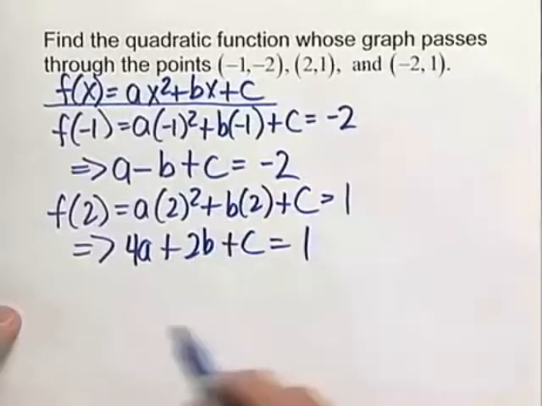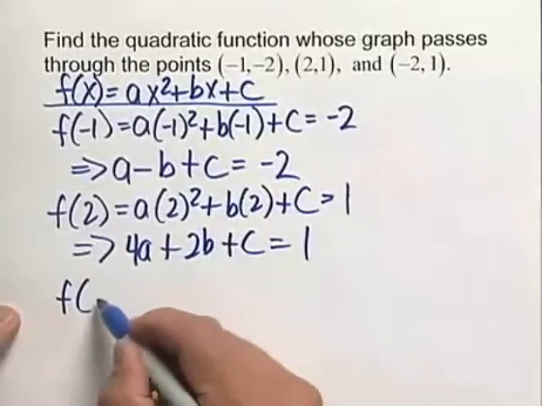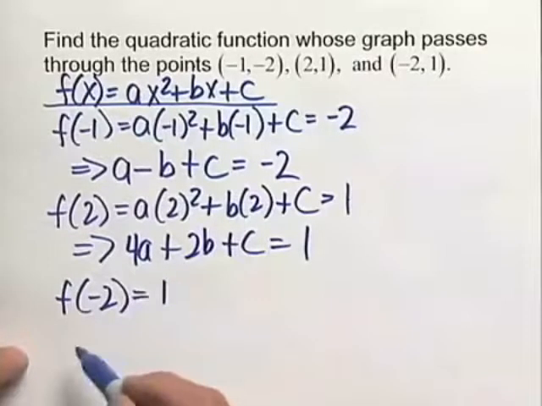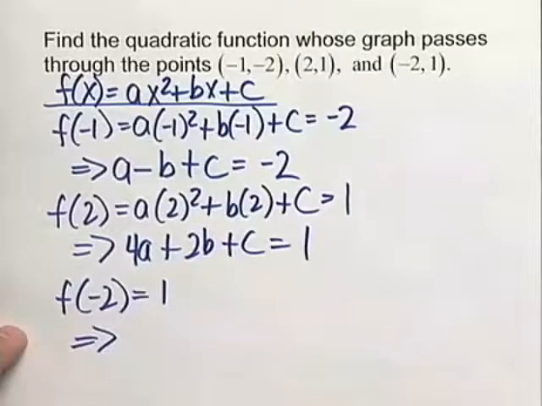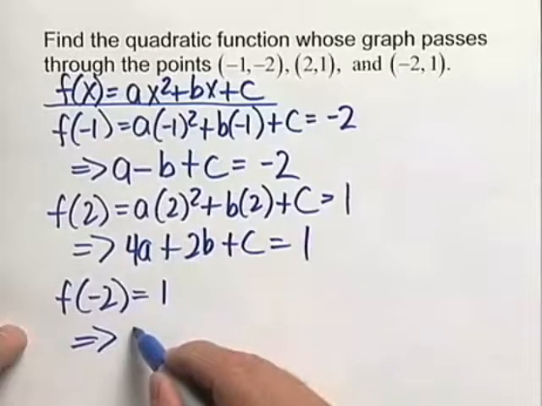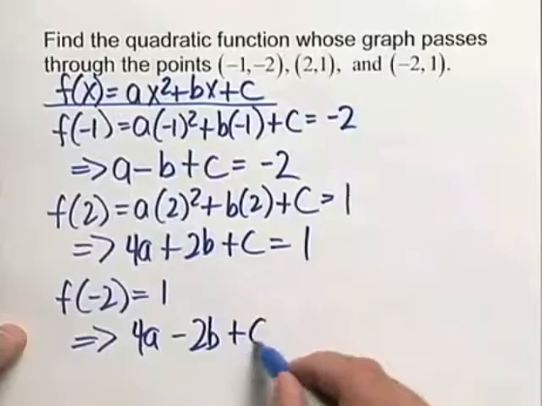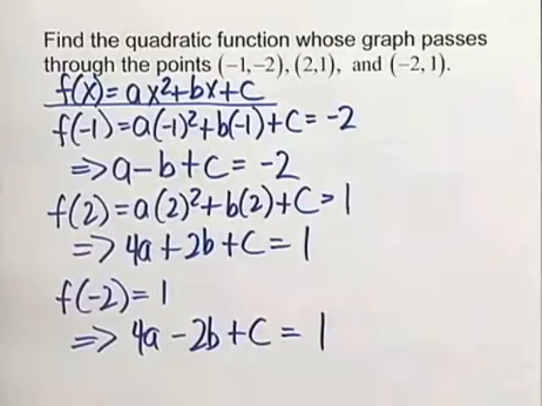Finally, we'll evaluate the third ordered pair, f(-2) equaling 1. I'll let you do this on your own. We get 4a minus 2b plus c is equal to 1.